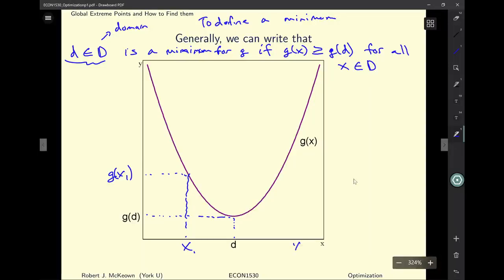Similarly, if I pick an x2 value over here, as long as it's not at point D, you can see that G of x2 is going to be larger than G of D, and this definition above is satisfied.